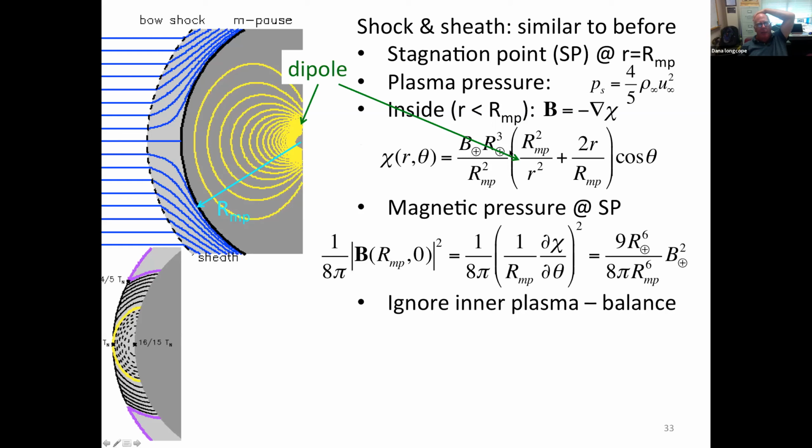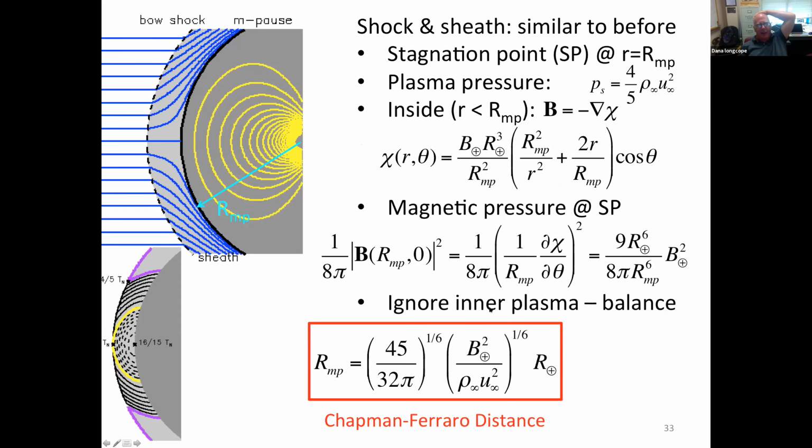And so you use a dipole field, and here's the real version, which has to do with image charges yet again. We've had problems with image charges before. And you get this expression, and I think I derived it in the lecture. This distance, known as the Chapman-Ferraro distance, is related to the distance of the object here and the magnetic field strength to the 1/3 power at the surface, and the ram pressure to the -1/6 power.